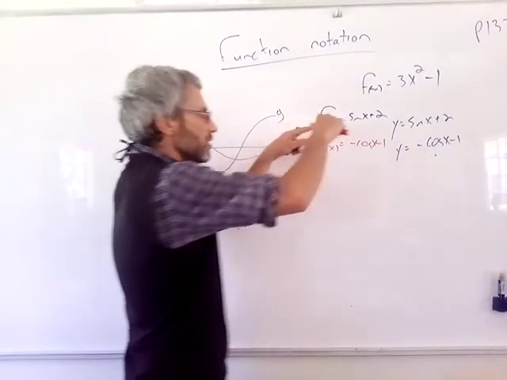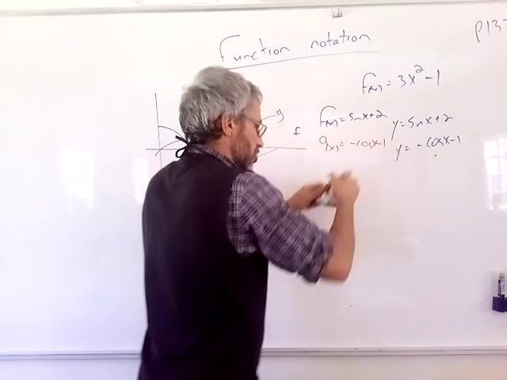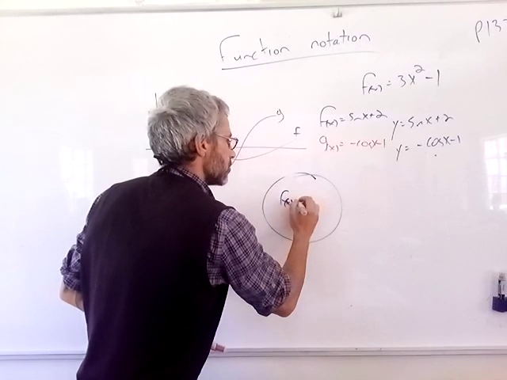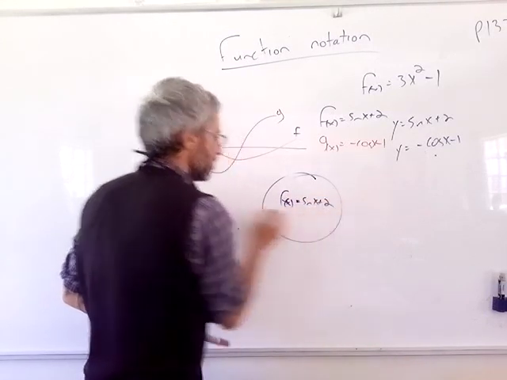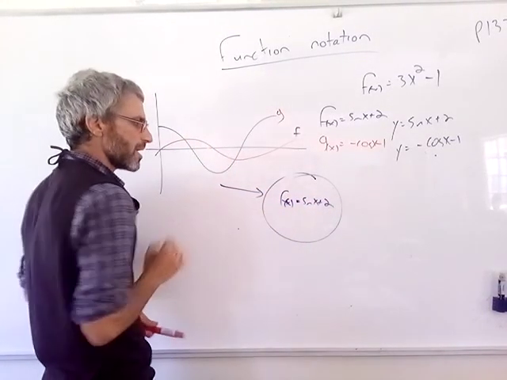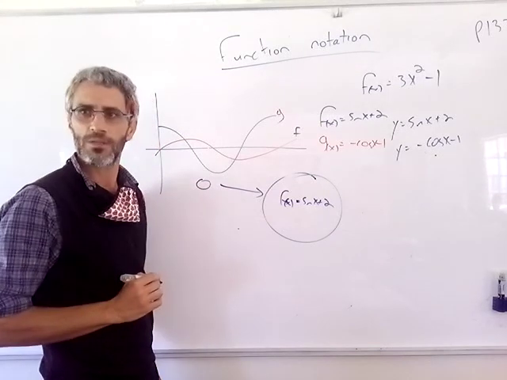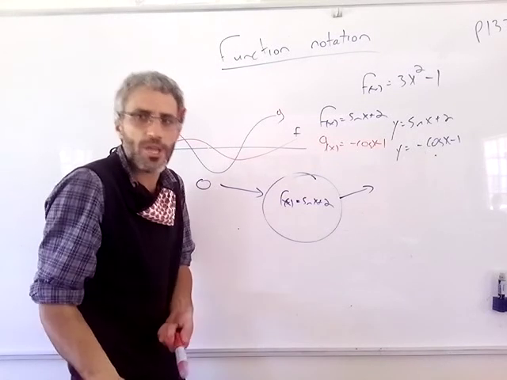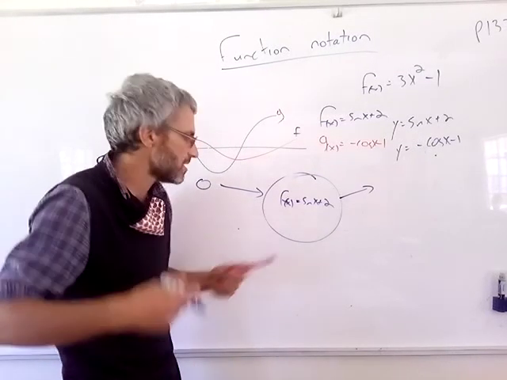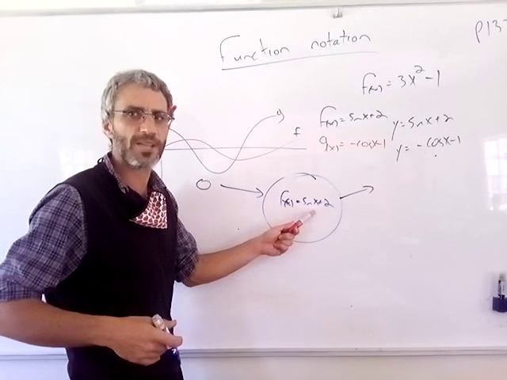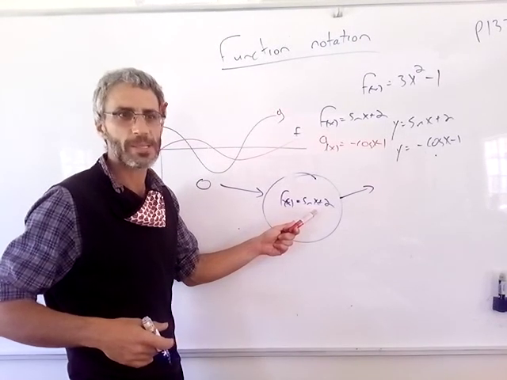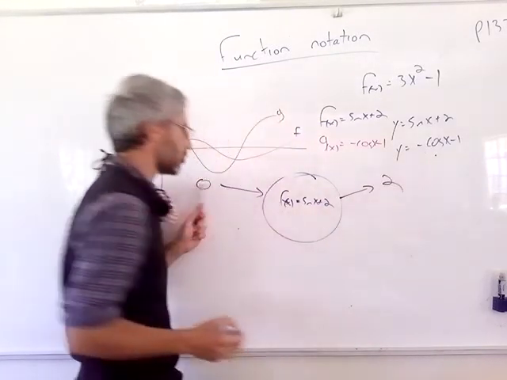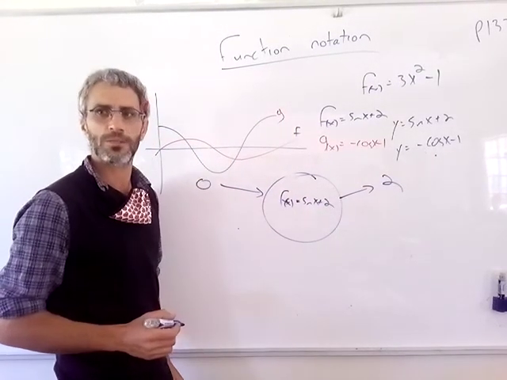It's just a specific machine, which we call f of x, equal to sine x plus 2. If we put in a certain number, let's say 0, it will spit out another number. Sine of 0 is 0, so plus 2, it will be 2. So if you put in 0, 2 comes out.